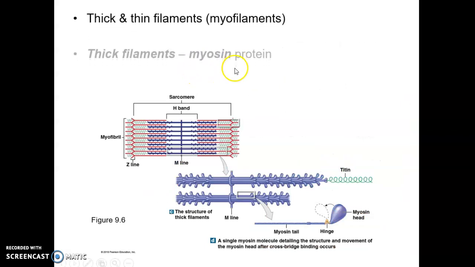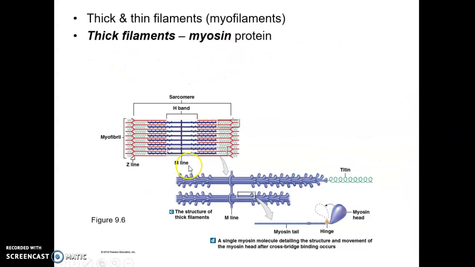Okay? So the thick filaments here in blue, if we zoom in closer, they're made up of myosin subunits with a myosin head with this pivoting hinge on them. And it's these myosin heads that latch on to the actin thin filaments when calcium is around.